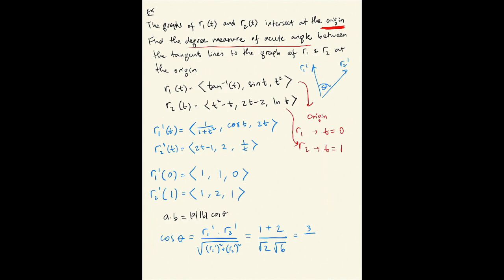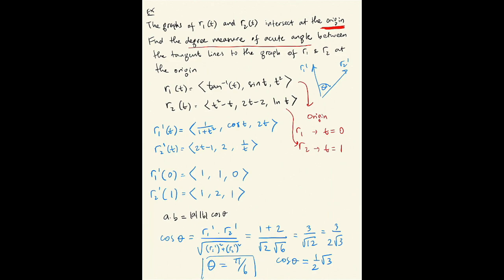So theta is pi over 6, right? So why pi over 6?